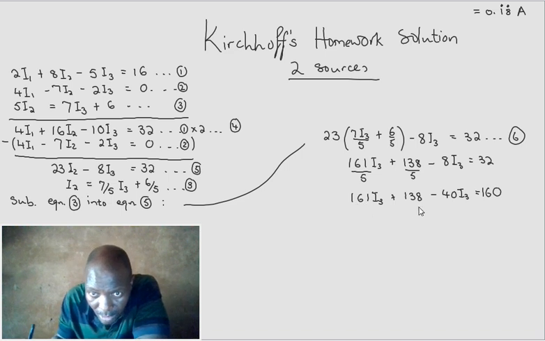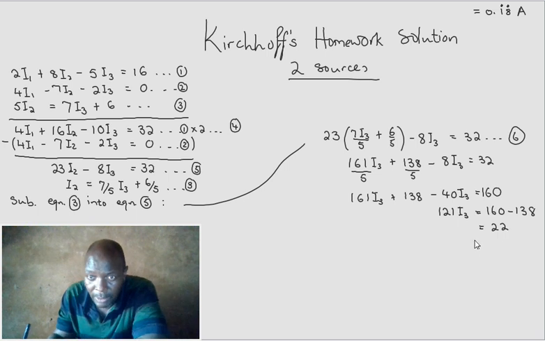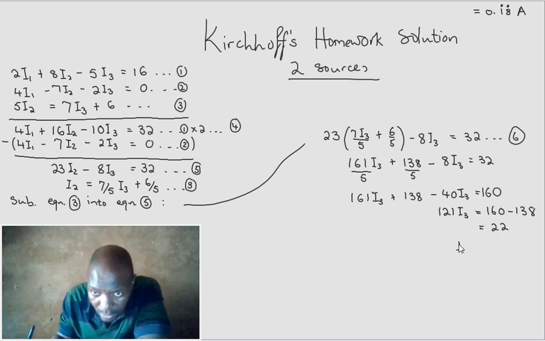Now, 161 minus 40 is 121 I3, equal to 160 minus 138, which is 22. Therefore I3 is equal to 22 divided by 121.